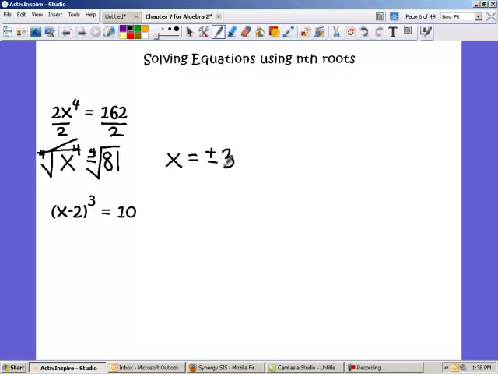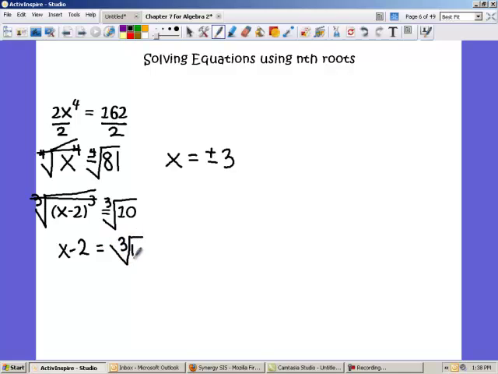All right, now for an example like the next one, we have all of this in parentheses raised to the third. So we need to get rid of this third power right away. How do I do that? I take the third root. That cancels it out and I'm left with x minus 2. Now, my root that I'm taking is an odd number, so I don't have to worry about the plus minus.